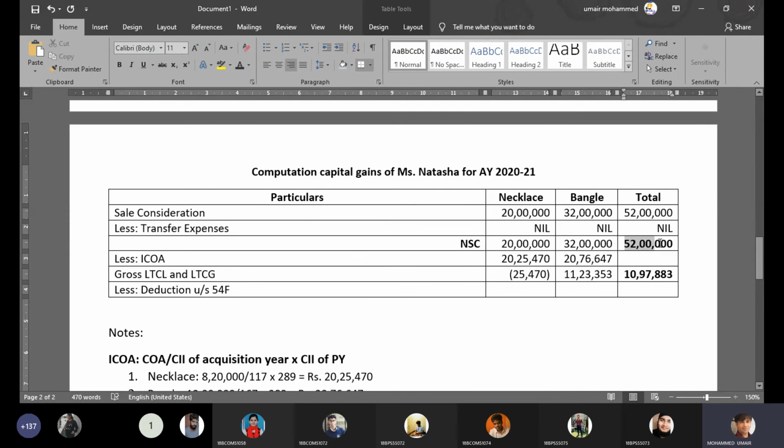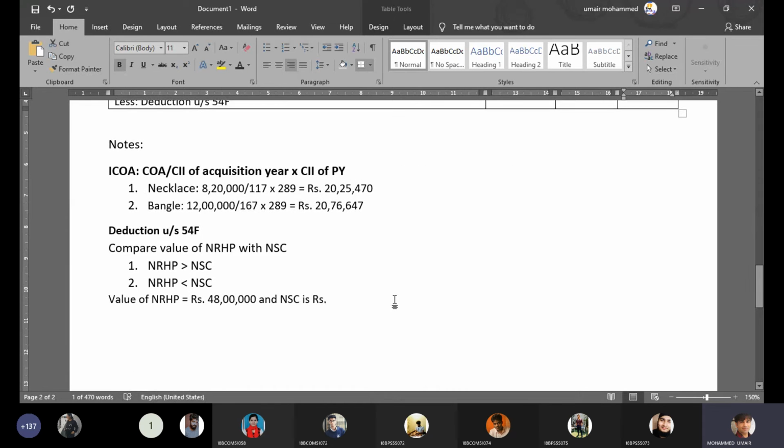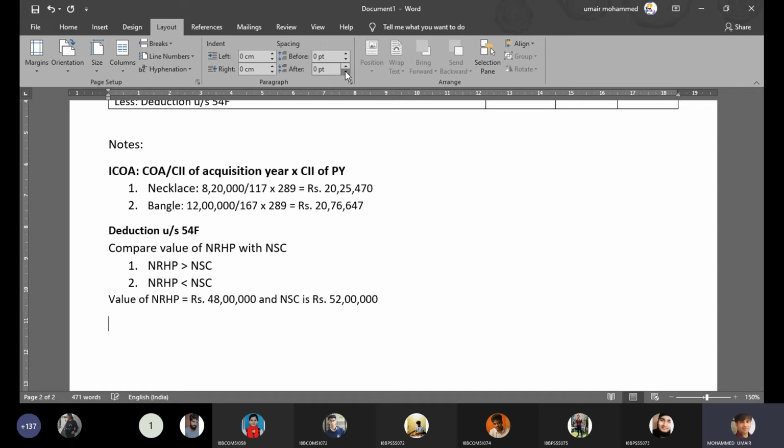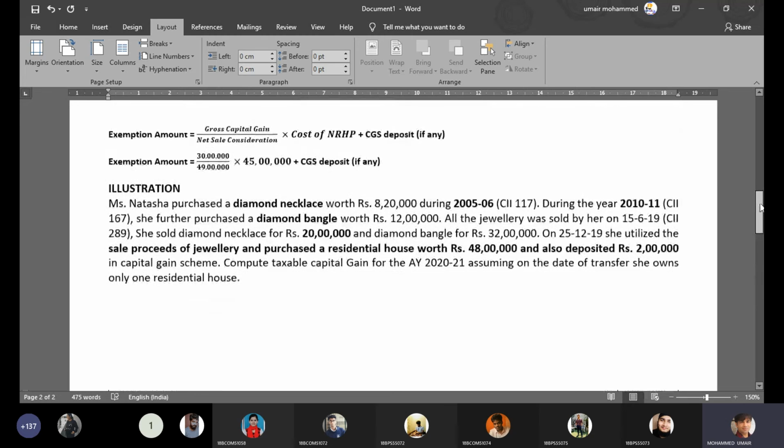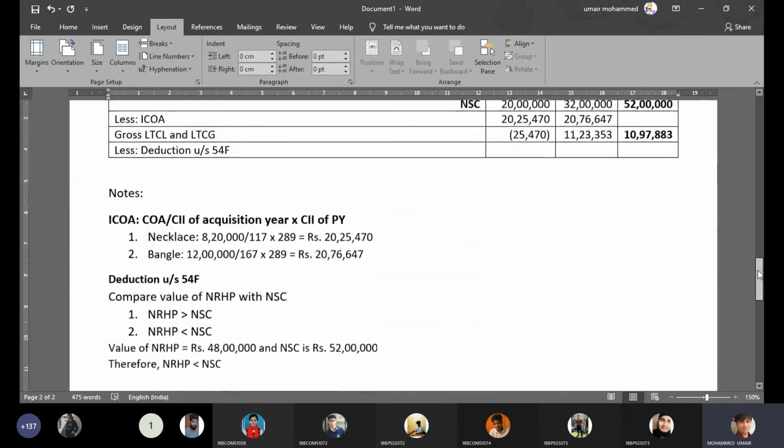Net sale consideration, combined together, is 52 lakhs.